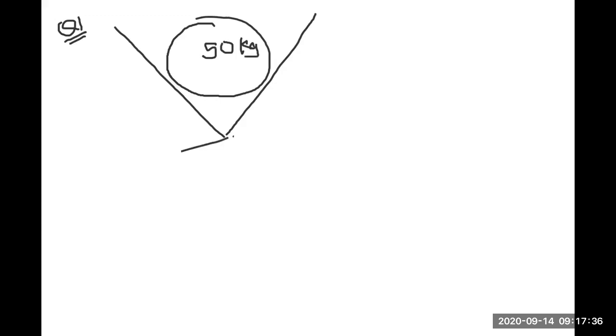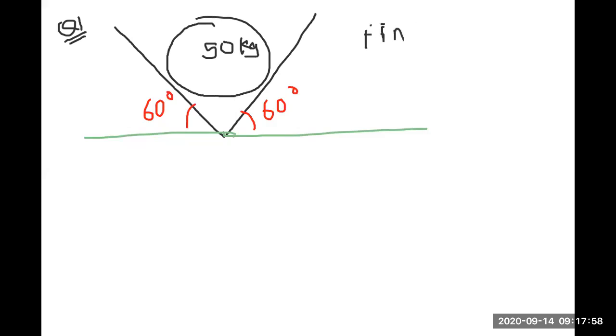And horizontal floor, and it is given that this angle is 60 degrees and this angle is 60 degrees. We have to find the normal reaction.